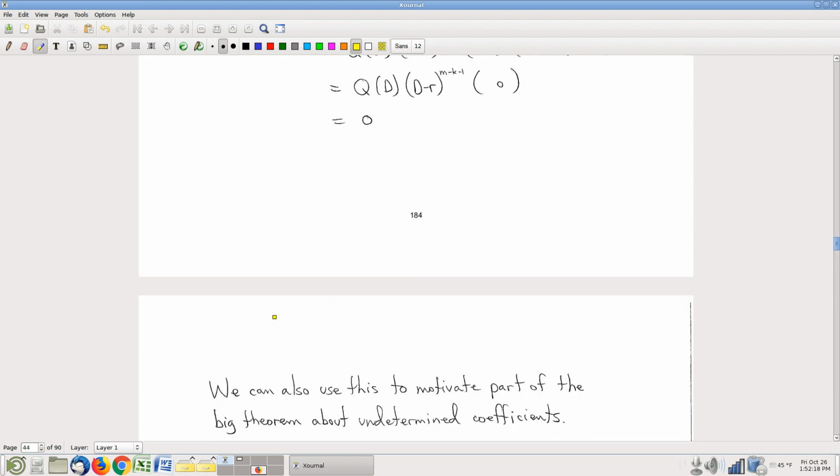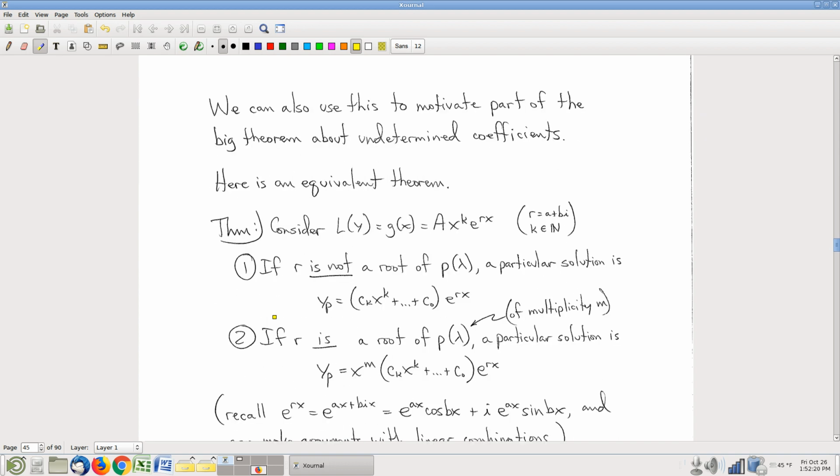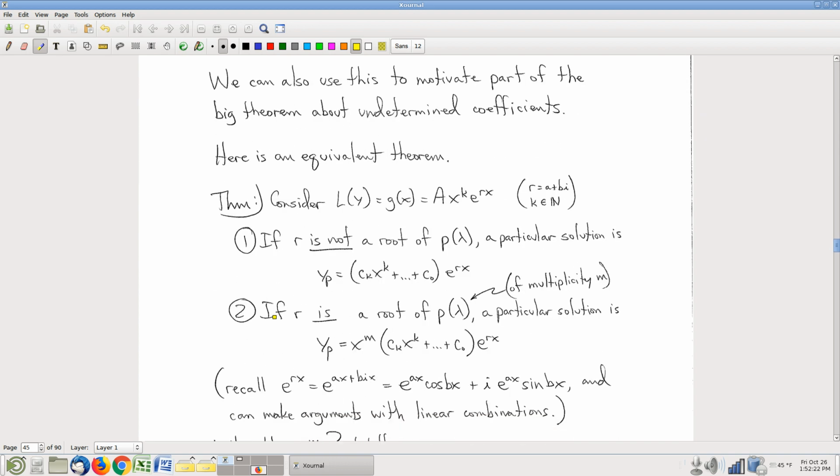Now, here's another loose end from chapter 4. You may recall we spent a bunch of time talking about how to find particular solutions, right? Undetermined coefficients. And in that chapter, we stated, and didn't come close to proving, a theorem about here's what you should guess, here's what the particular solution is going to end up being.